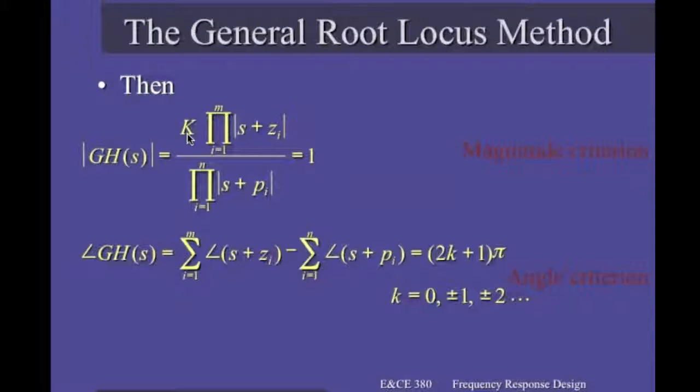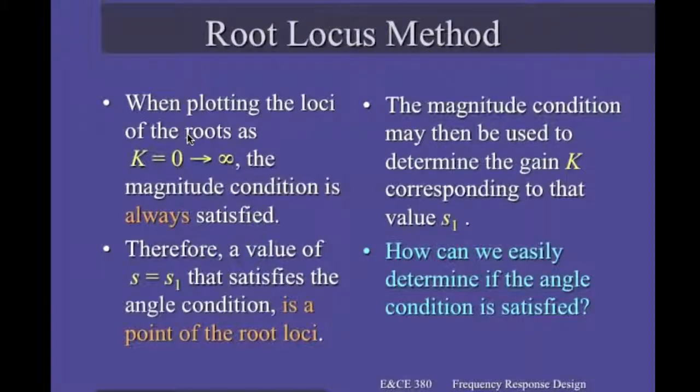The feedback control loop does not exist anymore, and we have returned back to an open loop configuration. So the root locus consists in plotting the possible values of the closed loop poles when K is increased from 0 up to infinity, while keeping the criteria satisfied, magnitude as well as angle criteria.